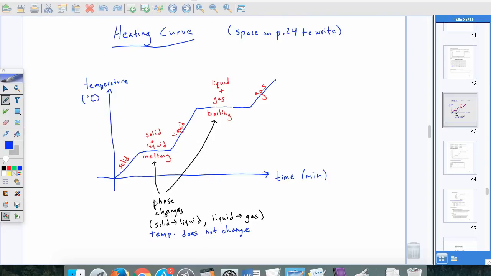So the heat energy that we're putting in, because we're adding energy, the added energy is potential energy, not kinetic energy.